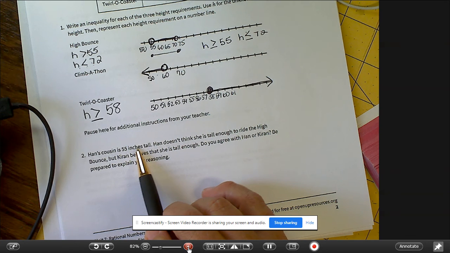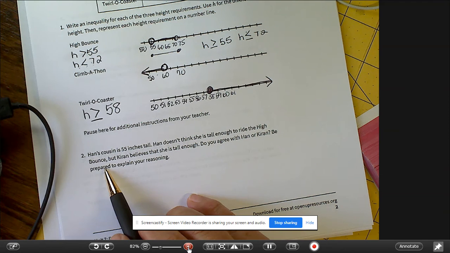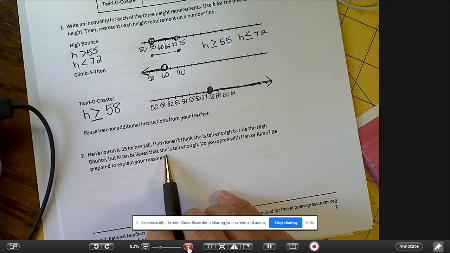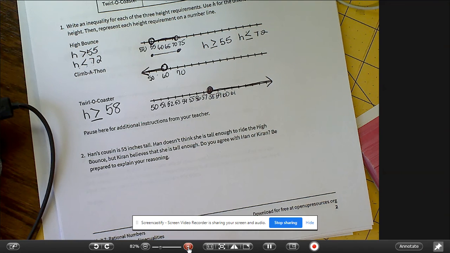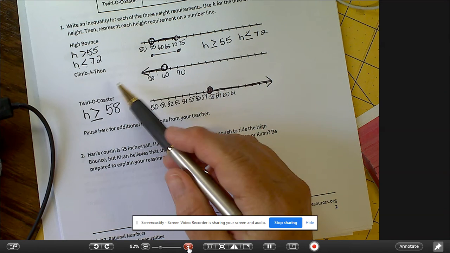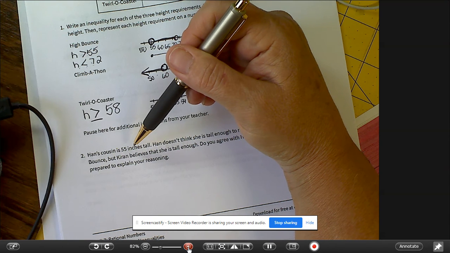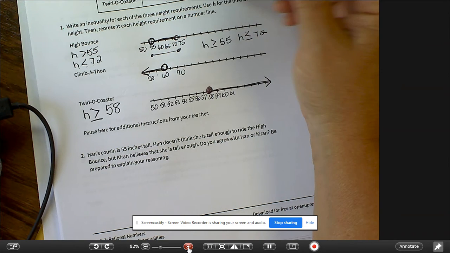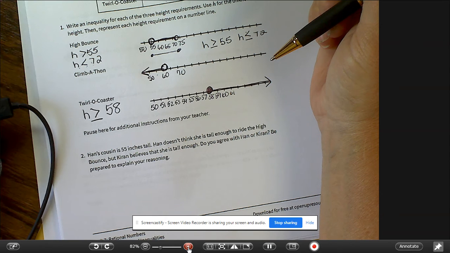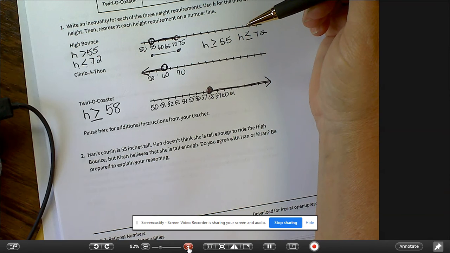Han's cousin is 55 inches tall. Han doesn't think she is tall enough to ride the high bounce, but Kieran believes that she is tall enough. Do you agree with Han or Kieran? Be prepared to explain your reasoning. All right, so the high bounce is this one. So it says between 55 and 72.